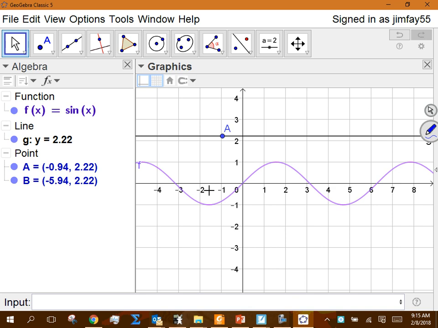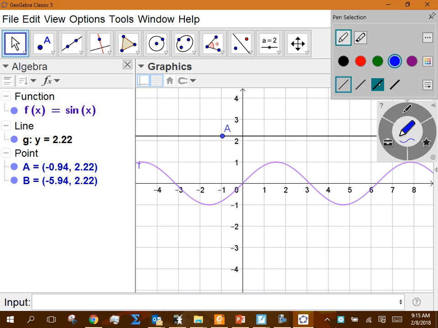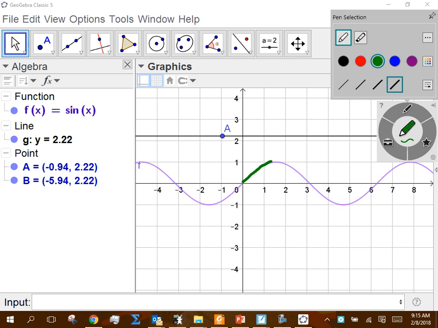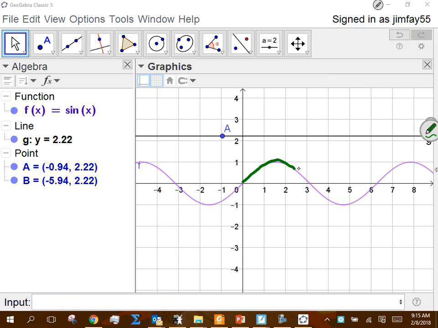And I want to look at a section that is doing just one behavior. What I mean by that is it's only increasing or it's only decreasing. Because if it's doing both, if it's increasing and then it decreases, okay, think about this. If it's increasing and then starts decreasing, doesn't that provide a situation where we fail the horizontal line test?